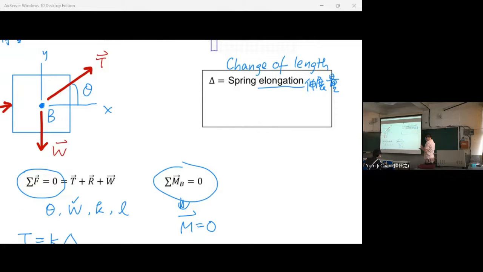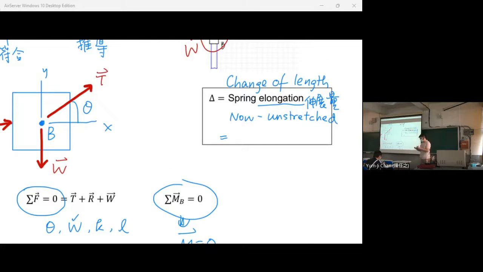So it is equal to the length now minus the unstretched length.